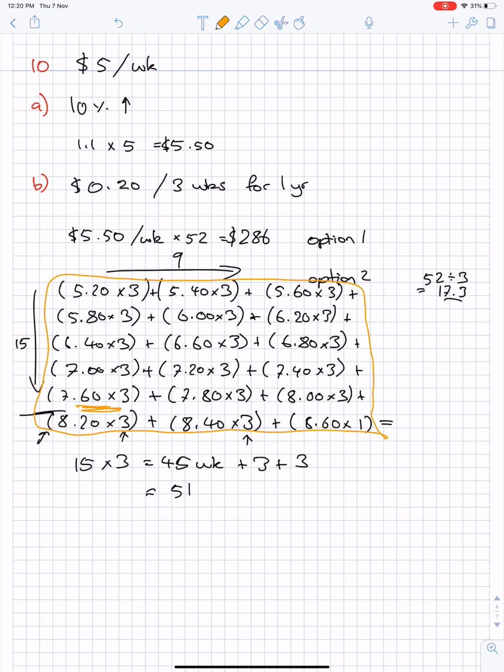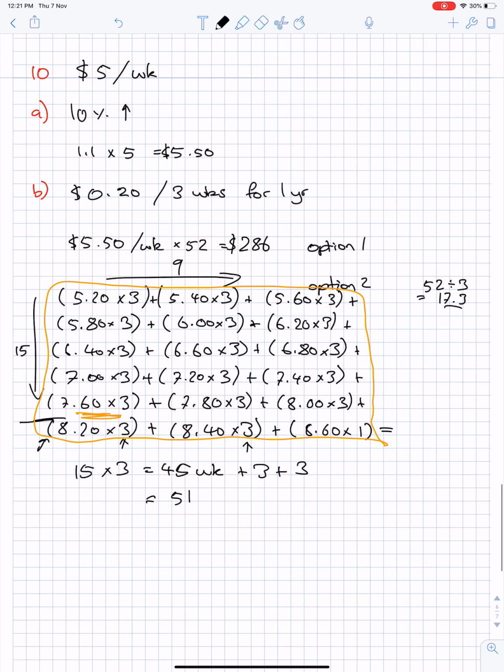So equals and then plus, and then on the calculator it will be answer plus, and then you go 7.8 times 3 plus 8 times 3 plus 8.2 times 3 plus 8.4 times 3 plus 8.6, and that gives us a total of $345.60.